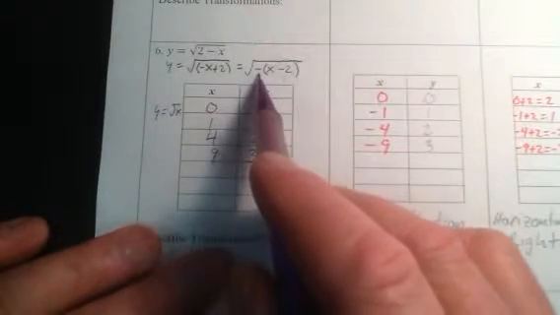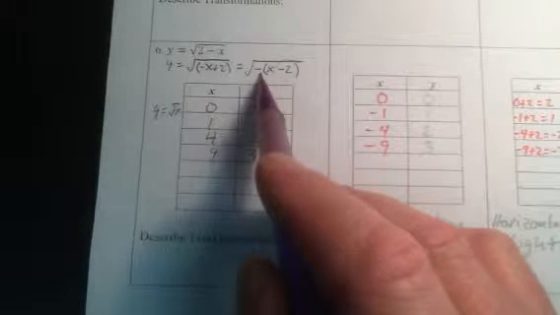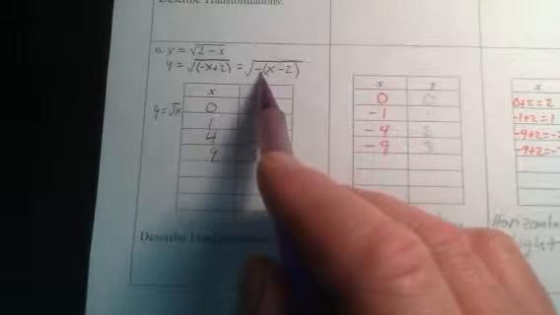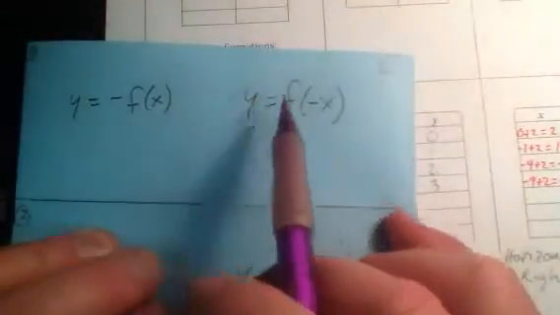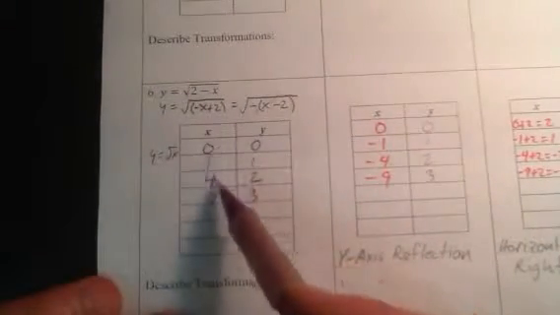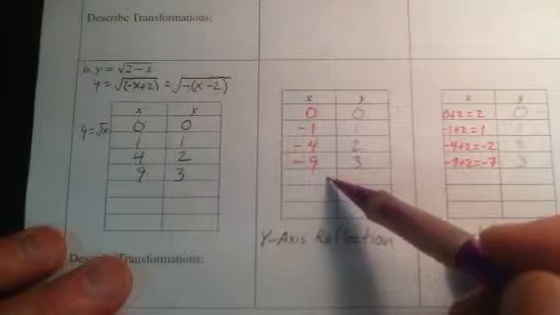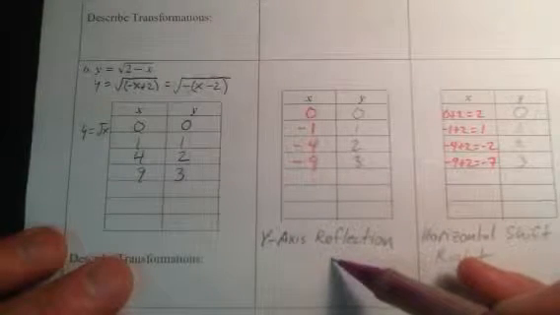This is a negative being multiplied to the x, so that is going to be a y-axis reflection. And our foldable tells us that in that case, I need to multiply my x values by negative 1. Okay, let's do that. So each one of these guys is going to be multiplied by negative 1. This is now my new t-table with my y-axis reflection.